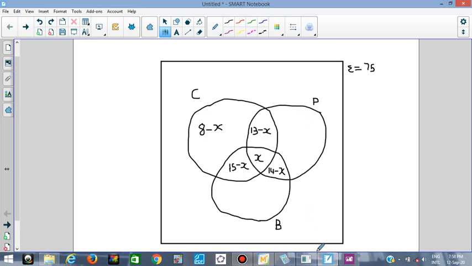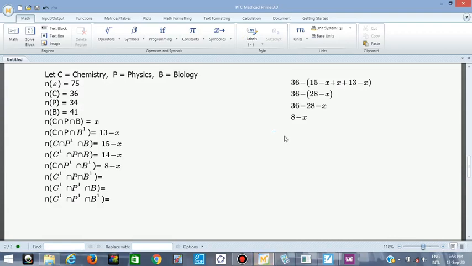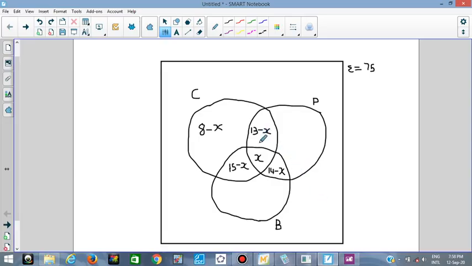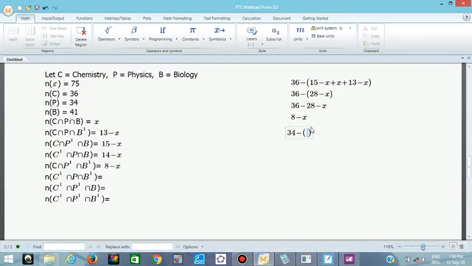So what will I do? I'll just come here, the same thing we did the other time. It will now be 34 minus, you open your bracket, minus those that did the other parts of physics, which is 13 minus x, then 14 minus x. So you have 13 minus x plus 14 minus x.